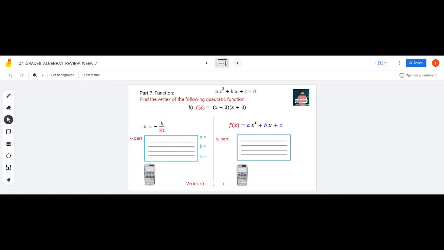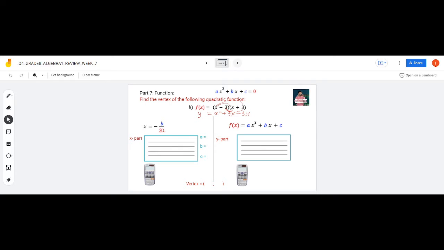Now once again, it's similar to A. So what did we do in A? We see brackets. We're going to multiply it out, but before we do that, we have to make sure it's in standard form, and that's the reason why we multiply. So wherever there's f of x or g of x, it doesn't really matter what letter it is, all you need to know is that it represents a y, and that's equal to x times x, x squared, positive 3x, negative 3x, and then please don't make this mistake.